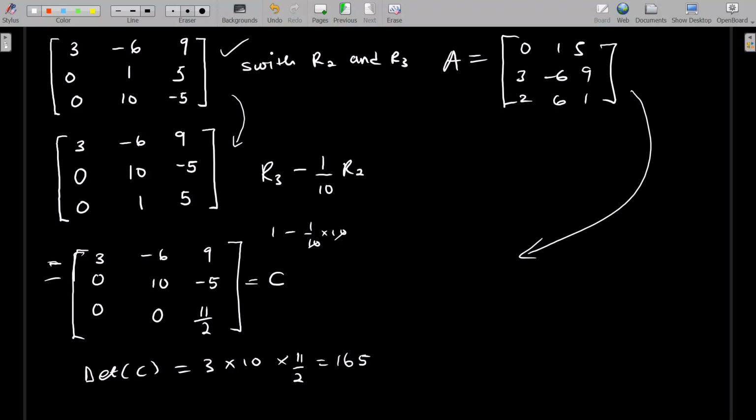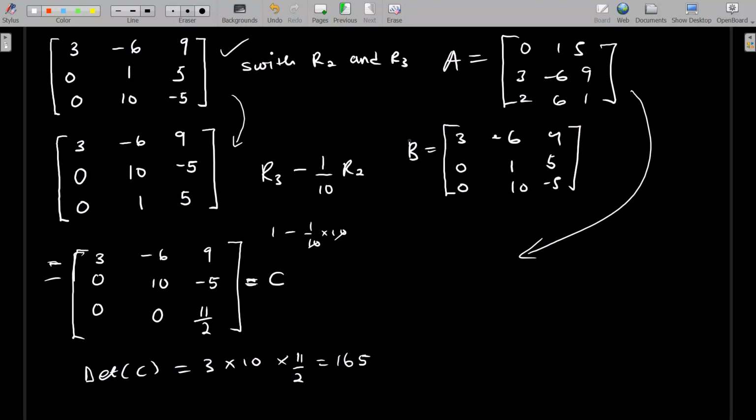Okay, so that is it. Now the reduced matrix C was given from the matrix B, and the reduced form of B was 3, negative 6, 9, 0, 1, 5, 0, 10, negative 5.